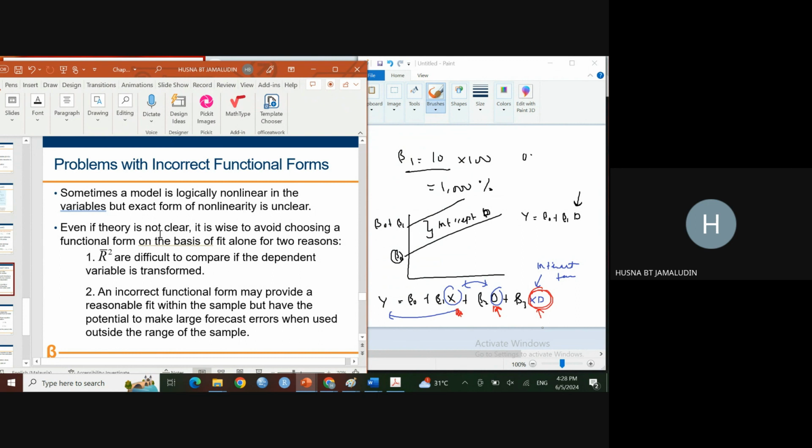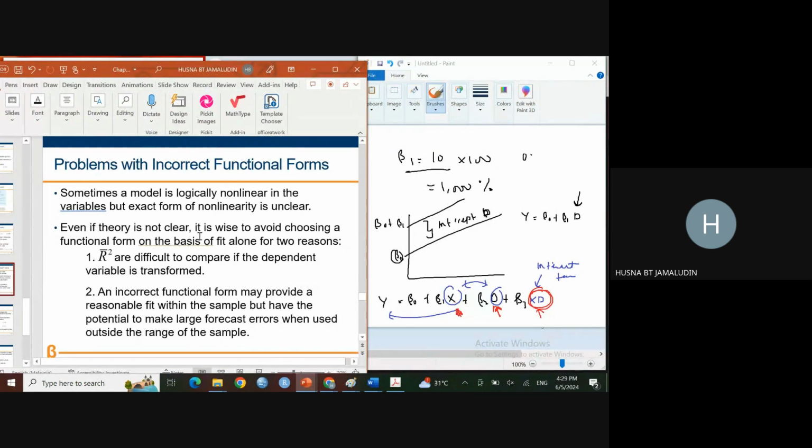Even if theory is not clear, it is wise to avoid choosing a functional form on the basis of fit alone. Because sometimes people think that when your R bar squared is high, it shows that you are able to explain better, so they adjust the functional form. When they try the linear form, this is not good, the R bar squared is low, and then they just put log, put squared, they keep adjusting.